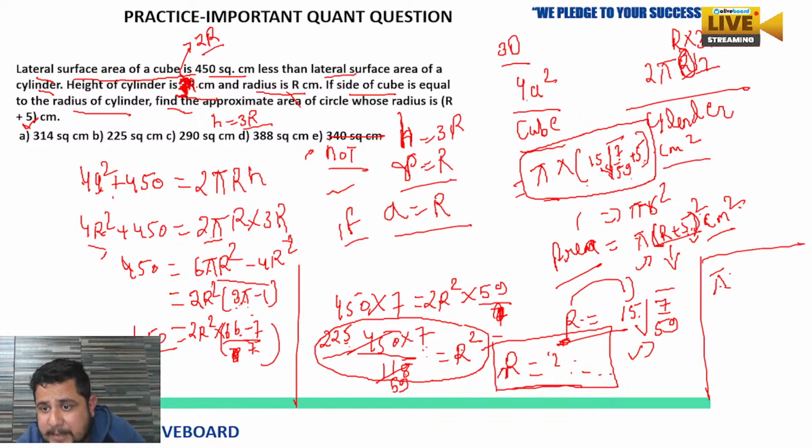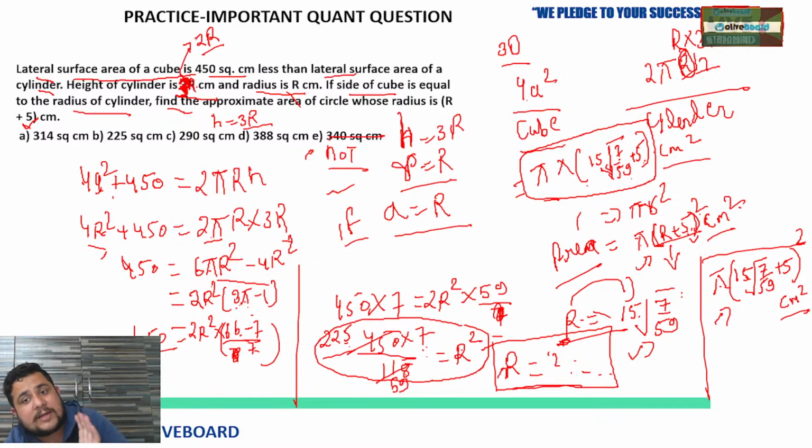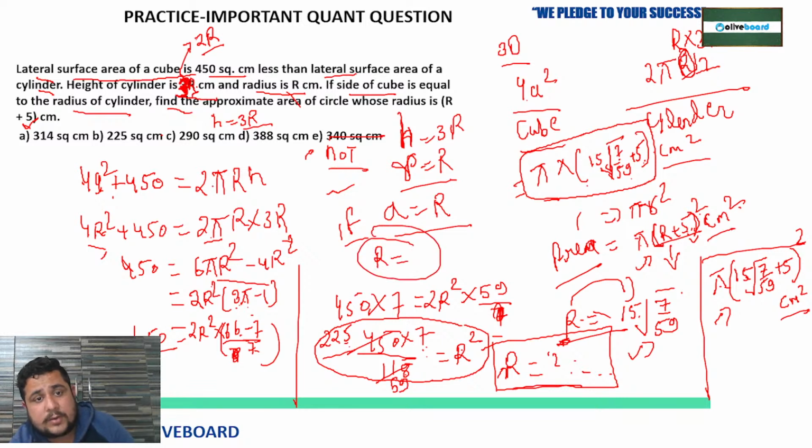So pi is pi, I already put that value, but again I'm telling you, 15 square root 7 upon 59 plus 5, square, centimeter. This will be your answer, and they will give you the value like this in the options also. For complicated calculations you will get this answer, because we were not getting the value of r as a natural number. Okay, let's move on to the next, and our answer to this question will be none of these.